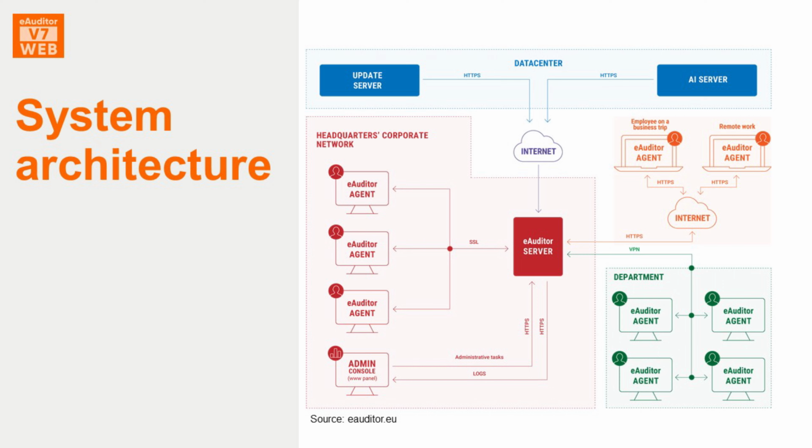eServer is responsible for communication with the client software eAgent, which is installed on monitored computers. eAgent application works as a service, and its task is to provide the system with the data that has been defined by the administrator during configuration. eAgent's work is invisible to the user.